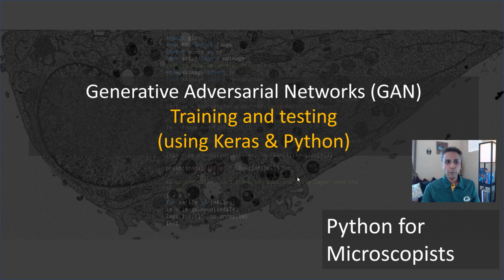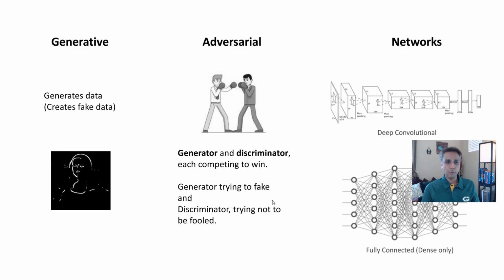Just to give a quick summary of what we talked about in the last tutorial, the term generative means we are generating something. In this example, it generates data or generates images. Image is a form of data. Adversarial means the generator and discriminator are each competing to win, where the generator is trying to create fake data that looks realistic, and the discriminator is trying to catch this fake data.